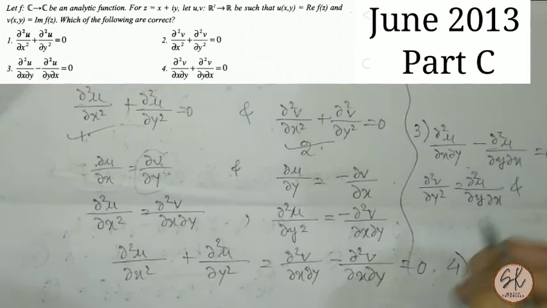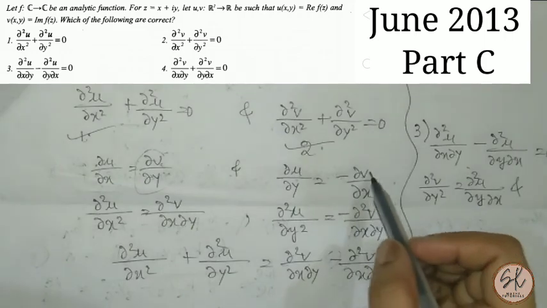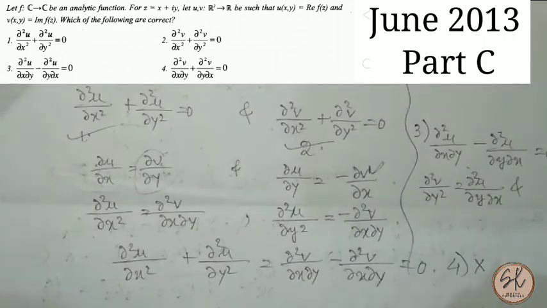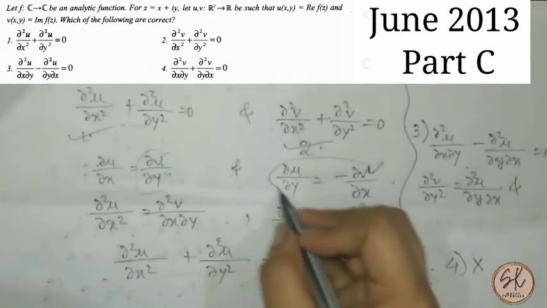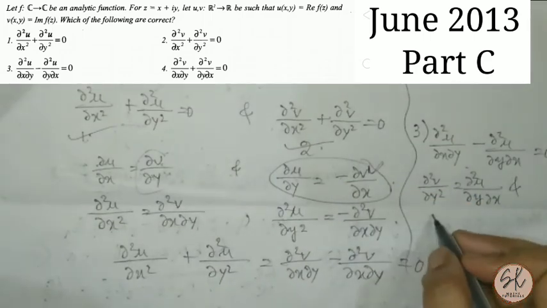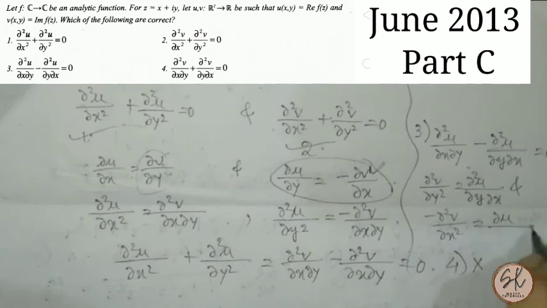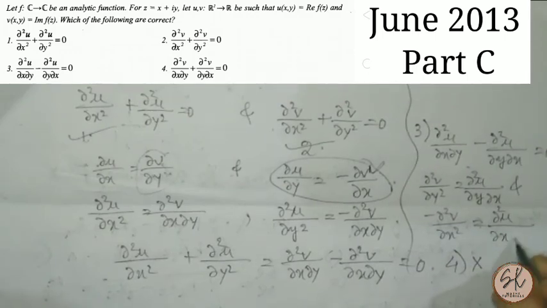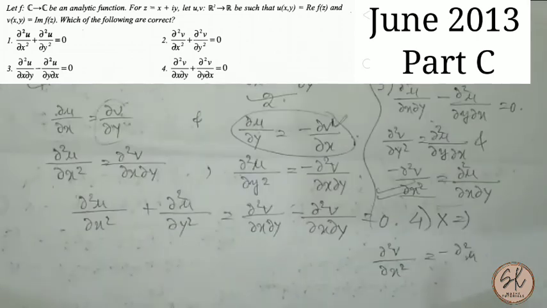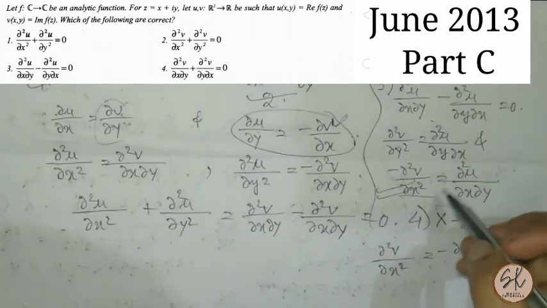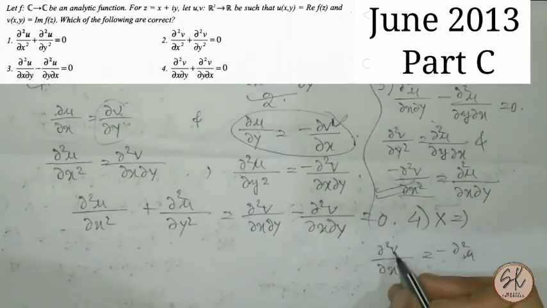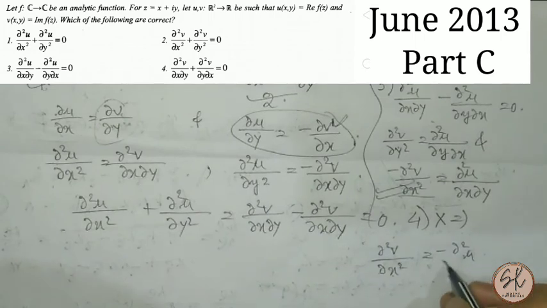Okay, and on differentiating this with respect to x, we will get minus del square v by del x square equals del square u by del x del y. Okay, see, now this can also be written as del square v by del x square equals minus of del square u by del x del y.